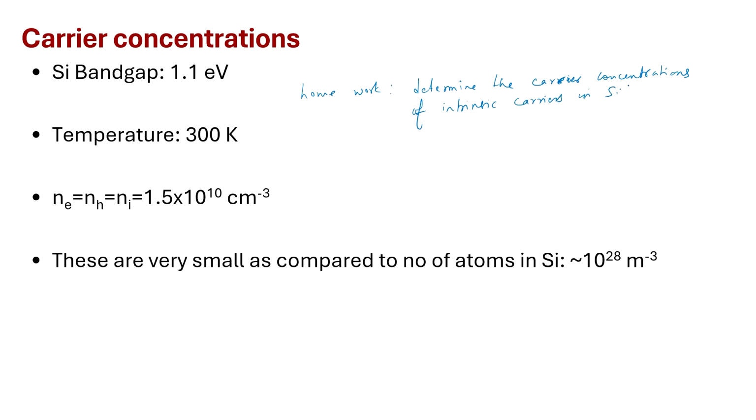Silicon band gap is 1.1 electron volt, temperature 300 Kelvin, and you will find that the answer is approximately this. Okay. So, this should be your answer.